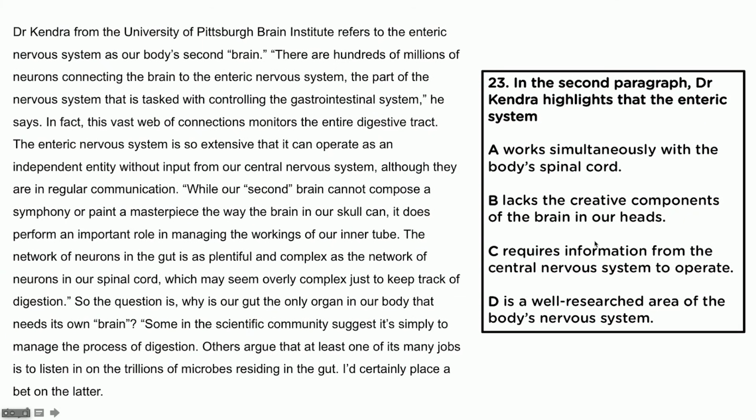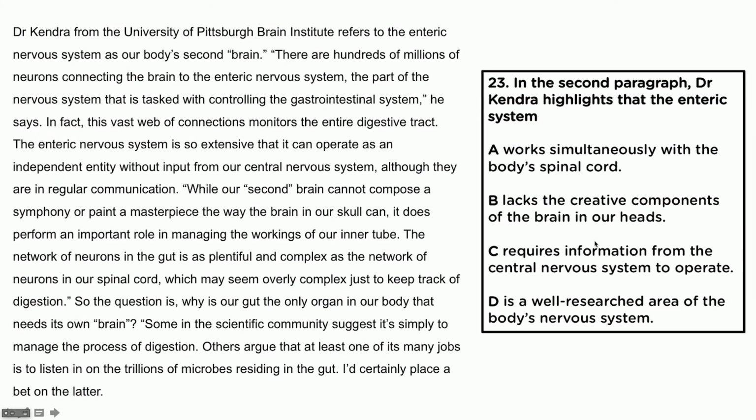Okay, so you can pause the video here and do this question by yourself, or I will read it and we can do it together. Here we go. So, Dr. Kendra from the University of Pittsburgh Brain Institute refers to the enteric nervous system as our body's second brain.